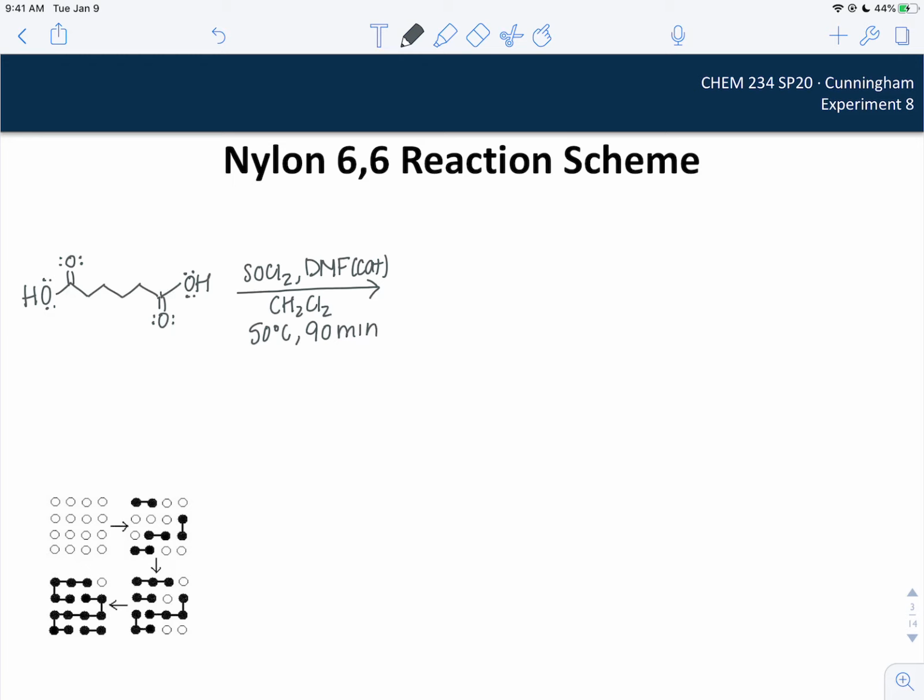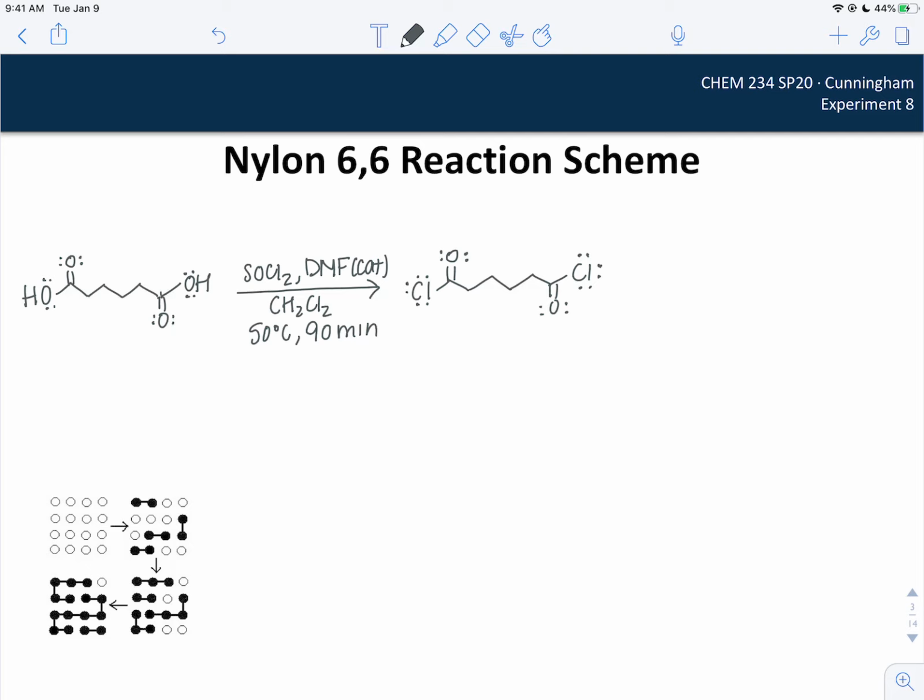This first reaction is essentially going to convert our carboxylic acids into our acyl chlorides, or acid chlorides. If we don't have any molar quantities, we can assume that we have an excess of each of these reagents.